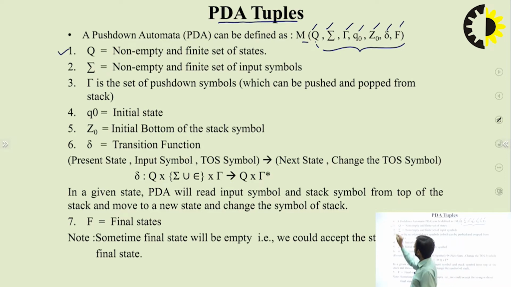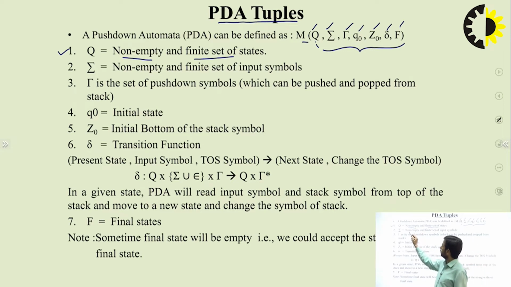First tuple is Q. Q is the non-empty and finite set of states. Since the set of states cannot be empty, there will be at least one state, and there cannot be infinite states. So that's why it is a non-empty and finite set of states.